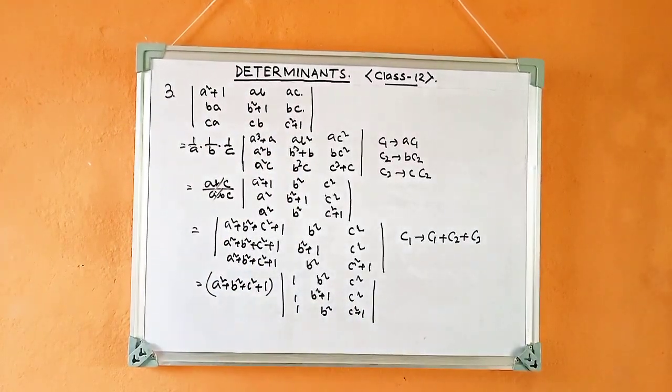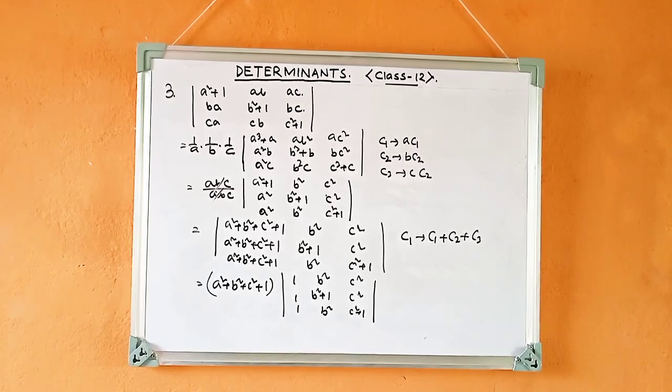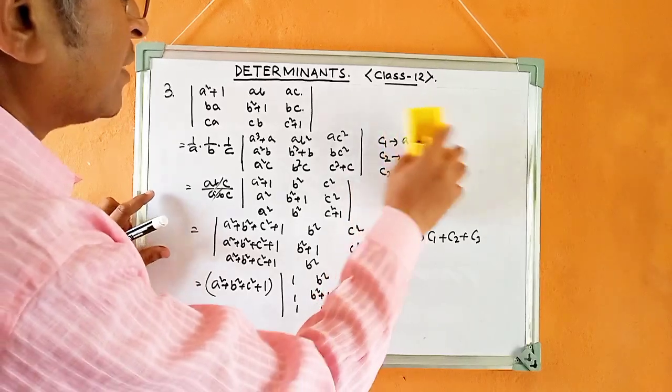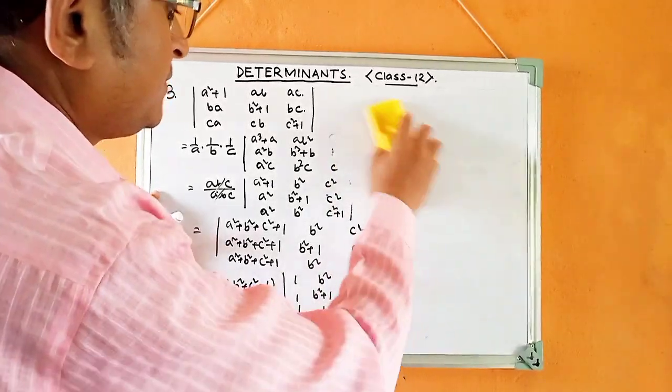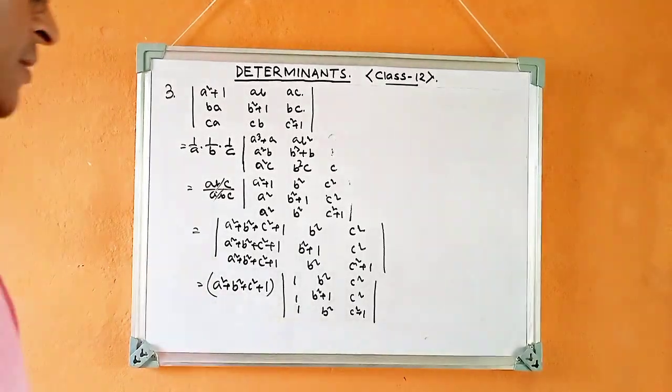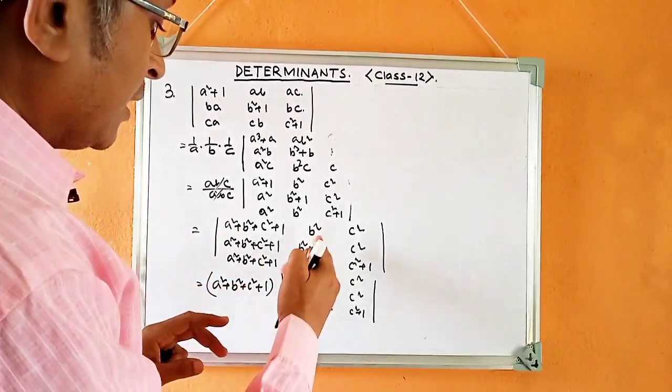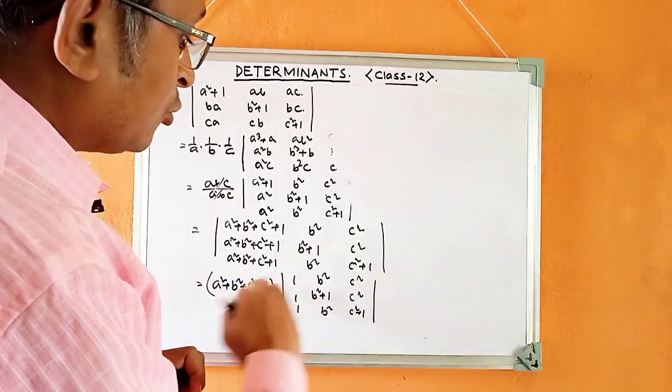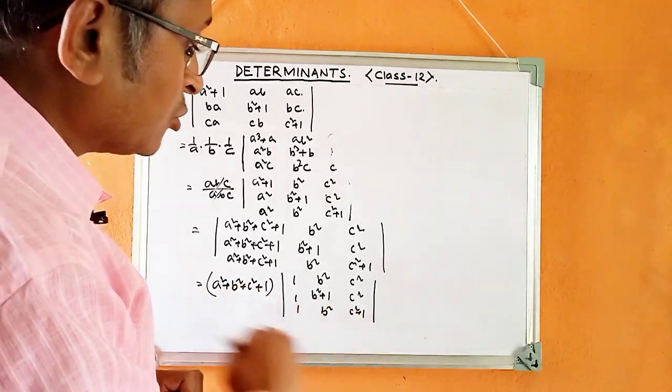Now see. Then we do R2 equal to R2 minus R1 and R3 equal to R3 minus R1.